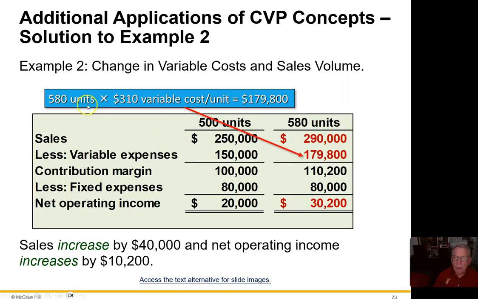Our selling price is going to be 580 units times 310. There's the increase in your variable cost per unit here, or 179,800, and that generates a contribution margin of 110,200. So that looks like a pretty good idea. I make $10,200 more for that sales increase of $40,000.